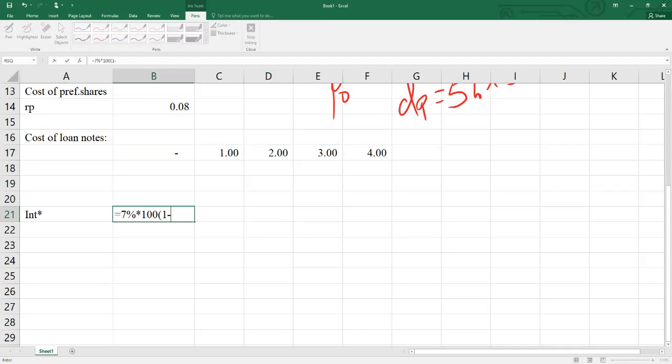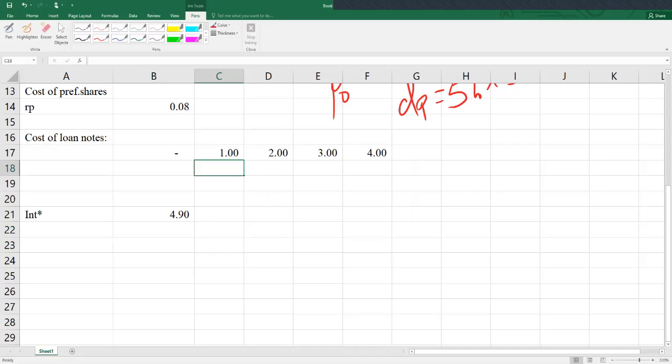Therefore, 1 minus 0.3, which gives 4.9. That is the interest earned in year 1, year 2, all the way to year 4. Every year you'll be earning that 4.9, from year 1 all the way to year 4.